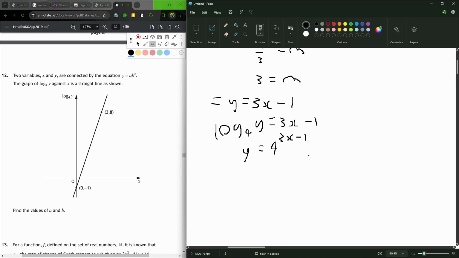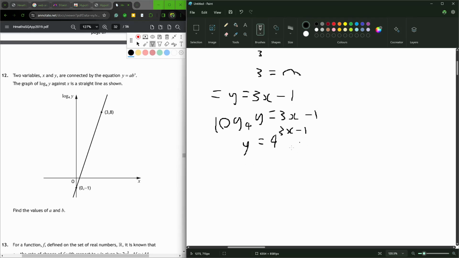Now we can actually split this off, right? We can just keep it as 4 to the 3x and then times it by 4 to the minus 1. That's cool. 4 to the minus 1 is just a quarter. Times by a quarter. But then getting rid of these two is going to be a tad more difficult.